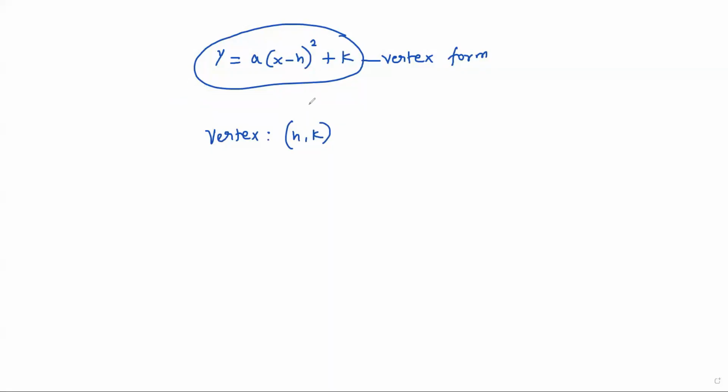Okay, let's look at some examples based on this one. Consider the quadratic function y = 2(x - 3)² + 5. Actually, this given quadratic function is in vertex form. So we can compare it with y = a(x - h)² + k.